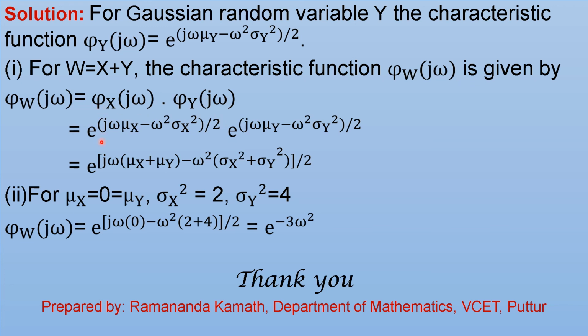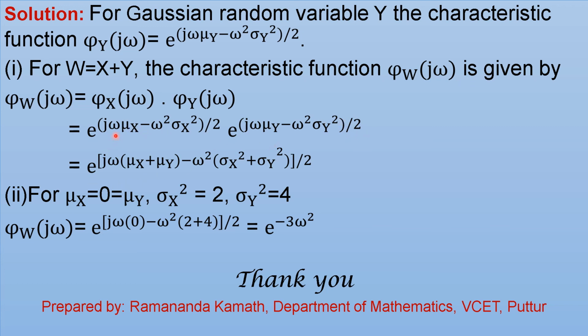Both are known: e power j omega mu x minus omega square sigma x square by 2, into e power j omega mu y minus omega square sigma y square by 2. Bases are the same, so powers can be added.